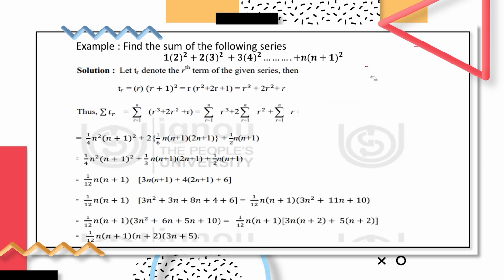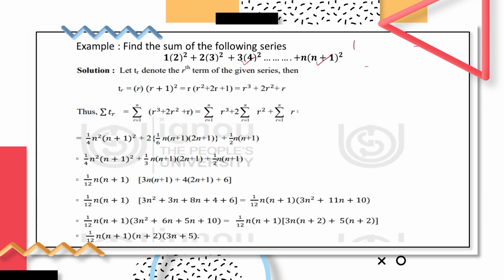Now, let's solve one more numerical for your better understanding. Over here we are supposed to find the sum of the series 1 into 2 square plus 2 into 3 square plus 3 into 4 square and up to n into n plus 1 square.